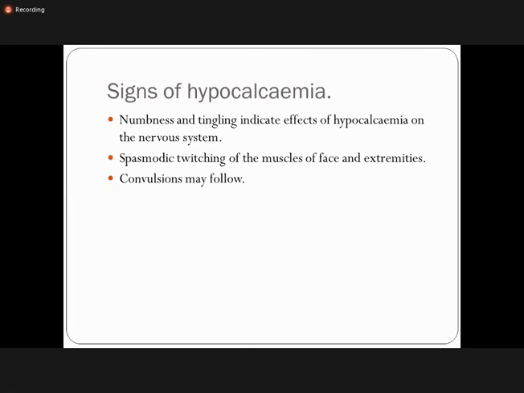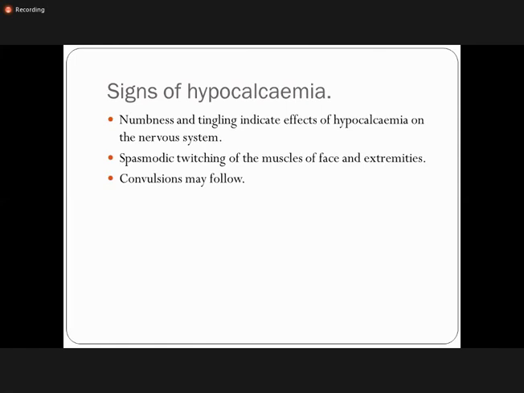Then comes spasmodic twitching. Twitching is basically involuntary muscle contraction that's happening at a specific interval, right? That's spasmodic. Why is this happening? Because the muscles are getting overexcited, right? Even with slight stimuli, the muscles get so stimulated that they start twitching on their own, right?